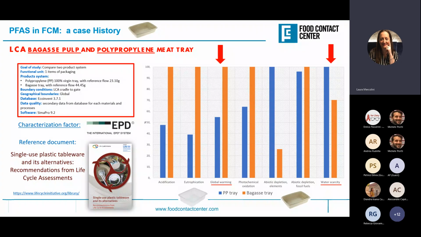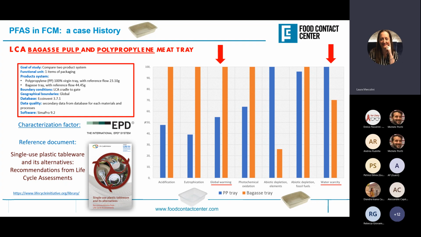And now I will conclude with this case history. This refers to a comparison that we presented 1 year ago at the European meeting on packaging sustainability. We were asked to compare the safety and also the LCA, the life cycle assessment study, comparing a tray in polypropylene with a tray in bagasse pulp.